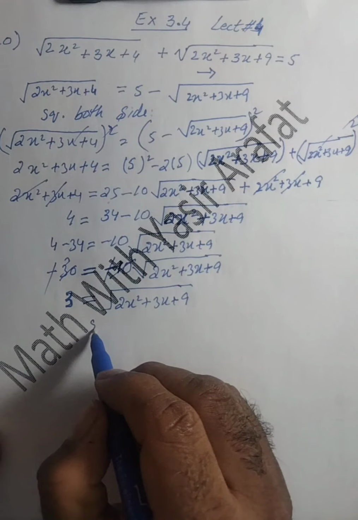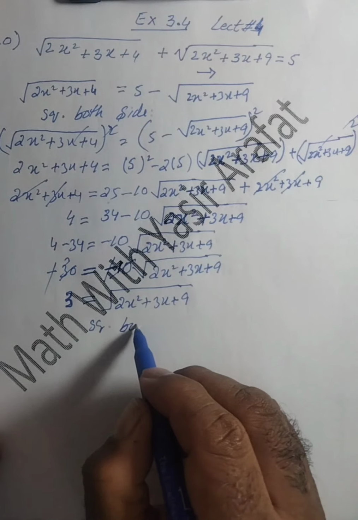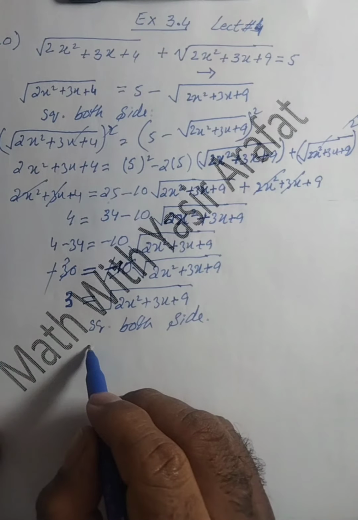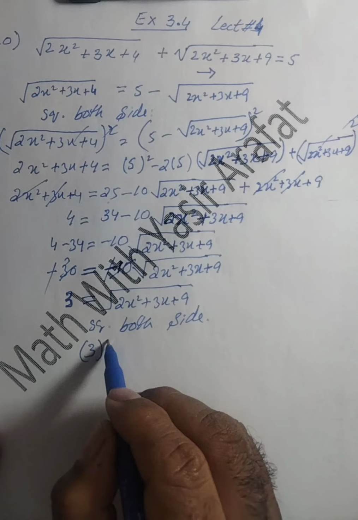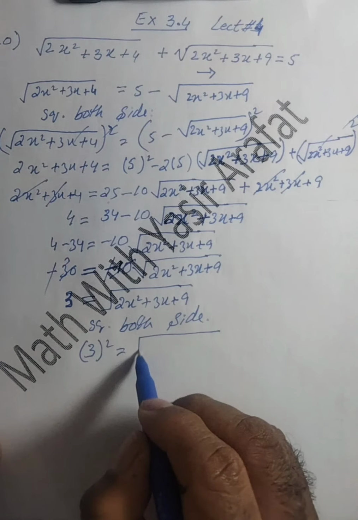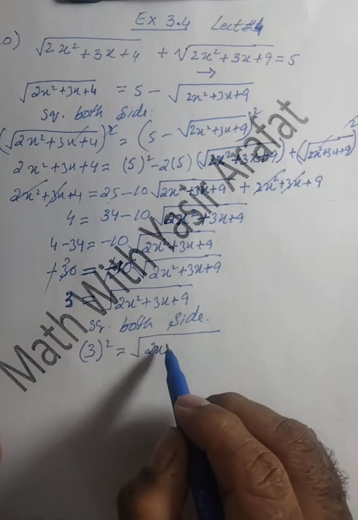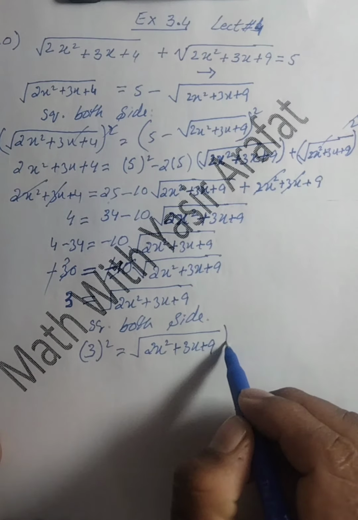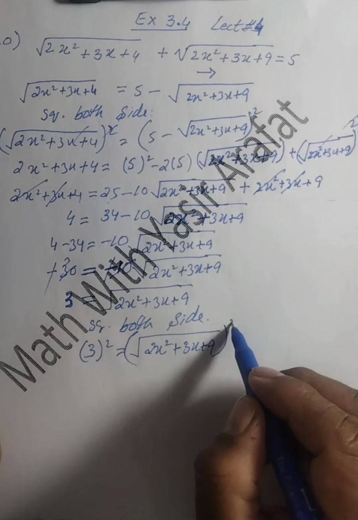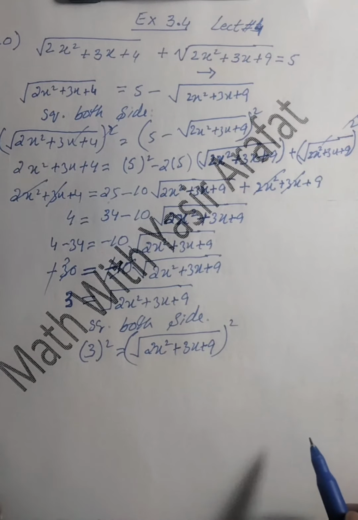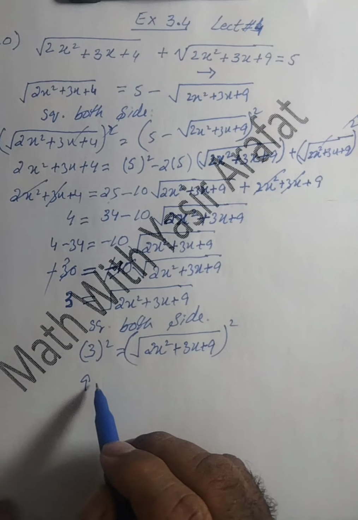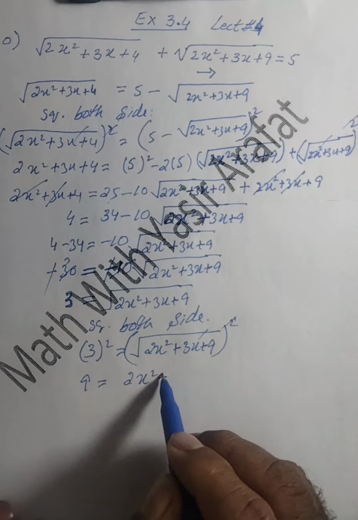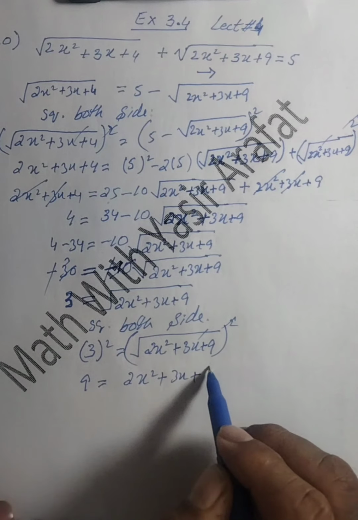Now squaring both sides, now again squaring both sides. So 3 3s are 9, the square cancels this, and 2x square plus 3x plus 9.